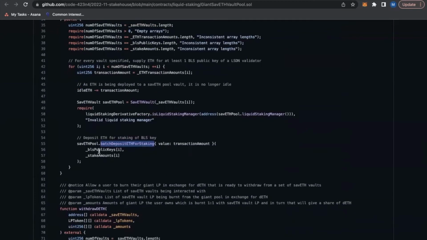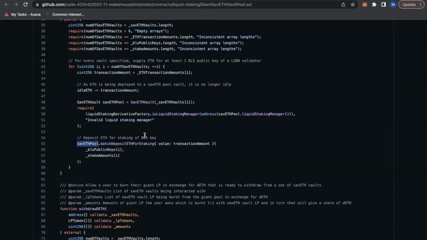So when the ETH is sent to the particular BLS public key in a protected staking pool, then that protected staking pool will receive ethers, issue the LP token for that individual protected staking pool, and that will be sent to this giant pool.